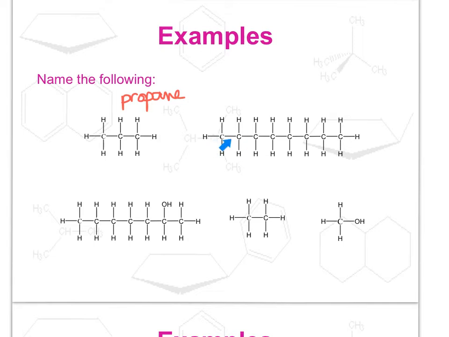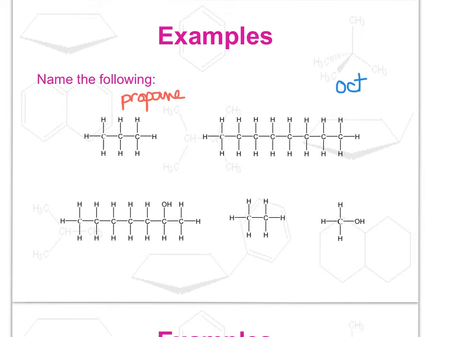This one here. 1, 2, 3, 4, 5, 6, 7, 8. So 8, the parent would be oct for the 8. And then you look to decide what functional group it is. So there's no ring, there's no double or triple bond, there's no special atoms, they're just carbons and hydrogens.